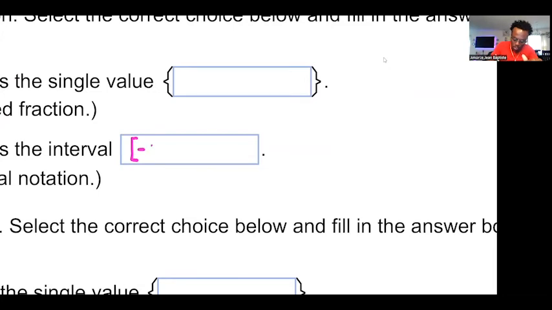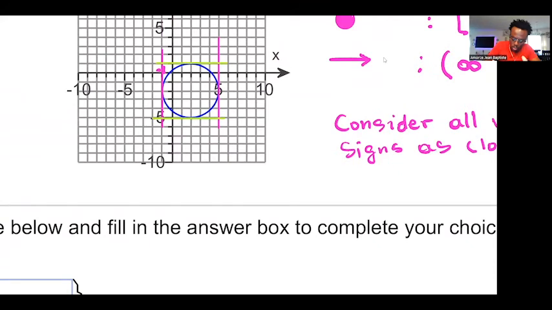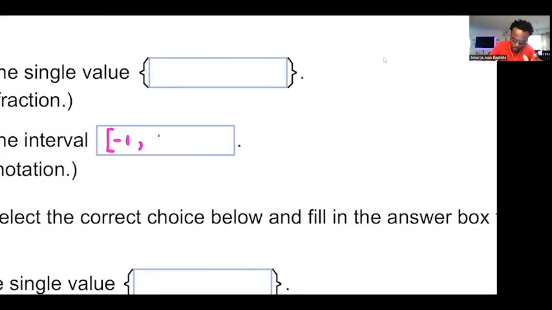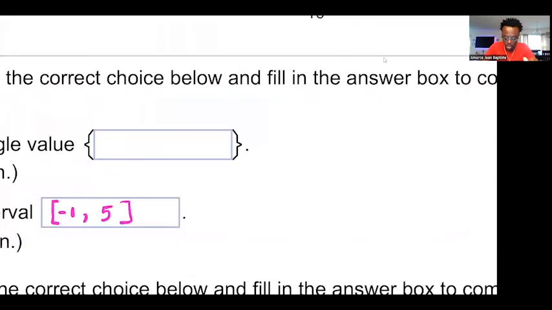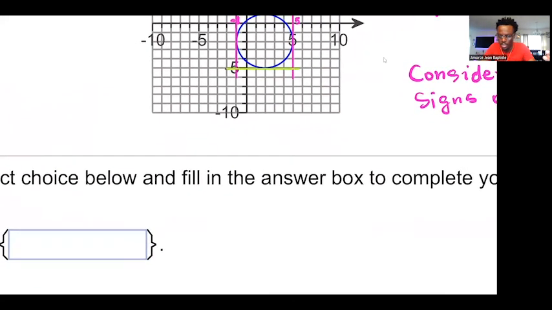So -1, and then I'm going to look at my graph again to see how far it goes to the right. That's a 5. So it stops on the right at 5, and then I put a bracket because it's closed. I said closed because if it's not open, it's closed.